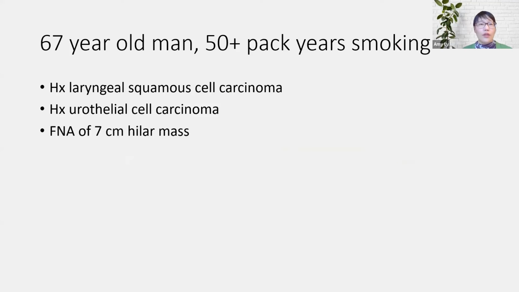So this other case is a little more interesting, with a 67-year-old man with a 50+ pack year history of smoking. He also came with a history of laryngeal squamous cell carcinoma and urothelial cell carcinoma. So his 7-centimeter hilar mass was FNA'd.